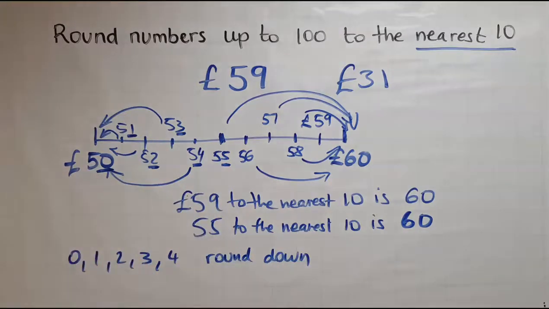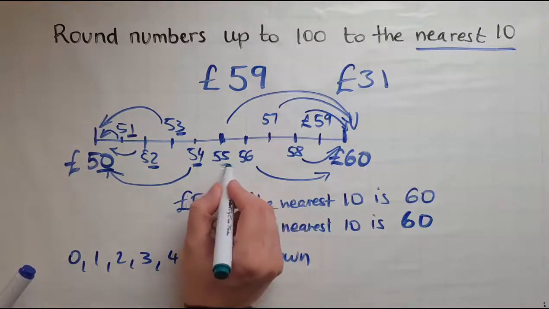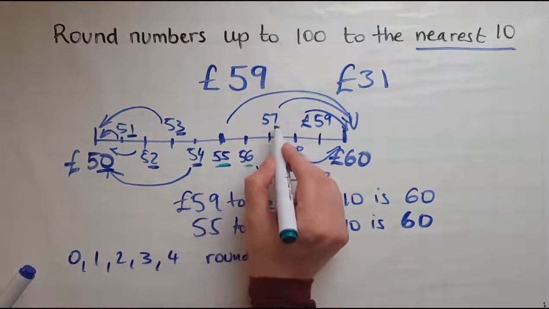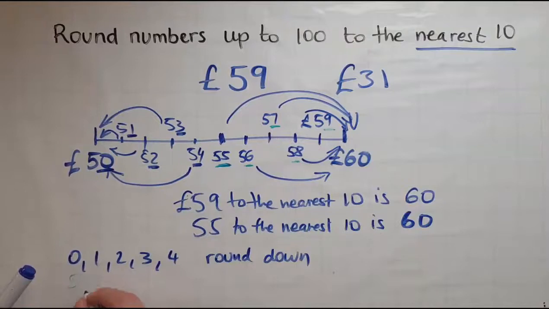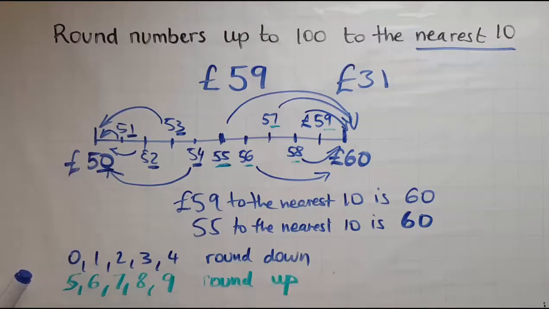If the number ends in 5, 6, 7, 8, 9, we round up. So 0, 1, 2, 3, 4, rounding down, 5, 6, 7, 8, 9, rounded up.